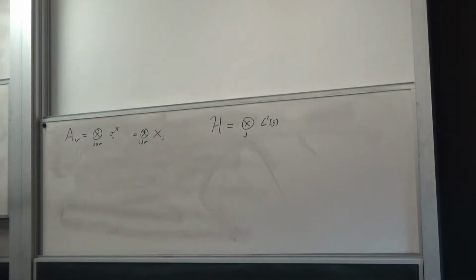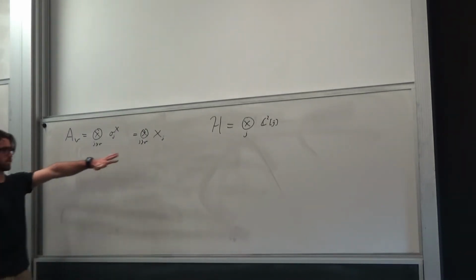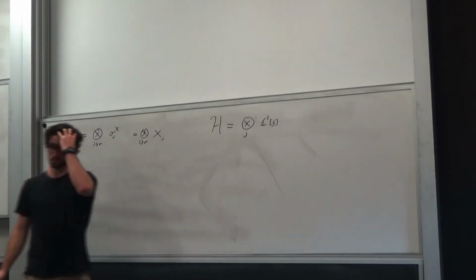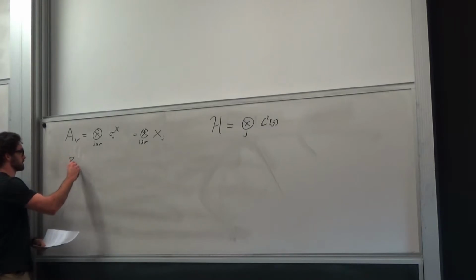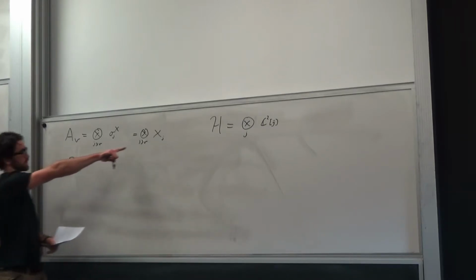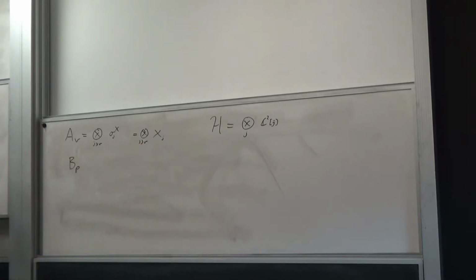Yes, the state space is just the big Hilbert space of all the qubits, which are on all the edges. So we have these vertex operators, the tensor product of X operators around all of the edges incident to a vertex.